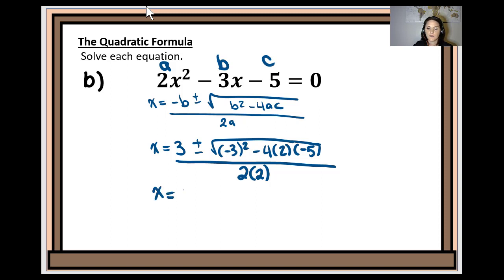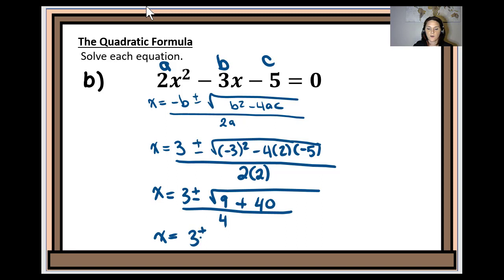So x is equal to 3 plus or minus the square root of 9. So I have negative 4 times 2 times negative 5, which will give me positive 40, divided by 4. So x is equal to 3 plus or minus the square root of 49 over 4.